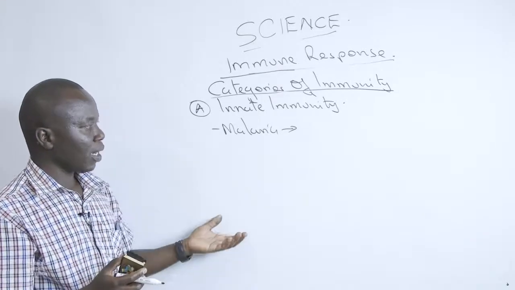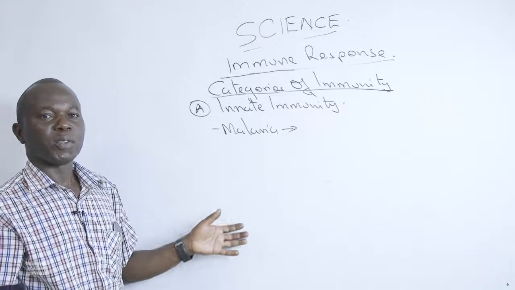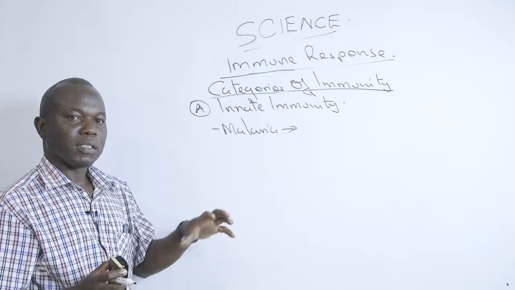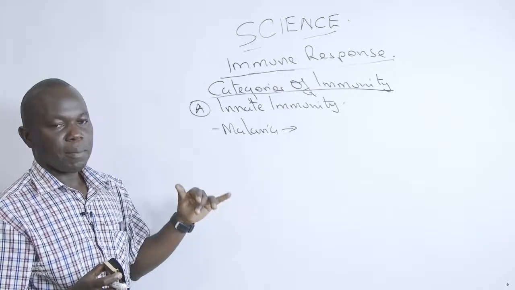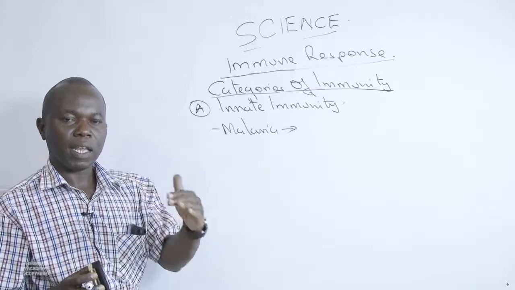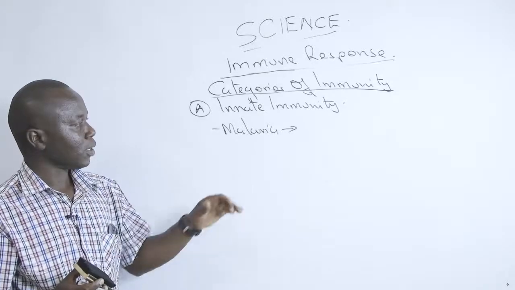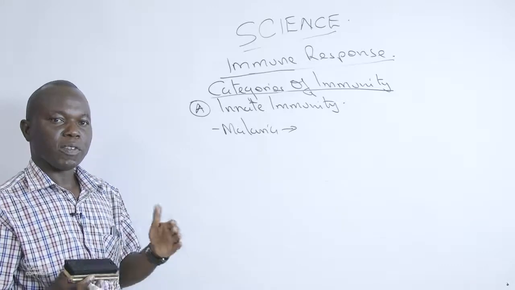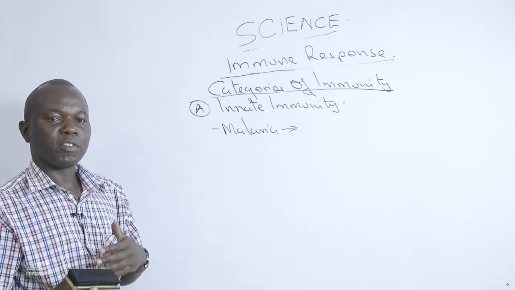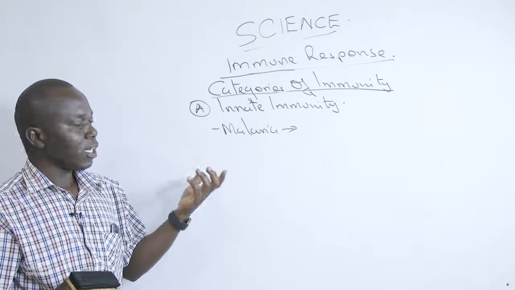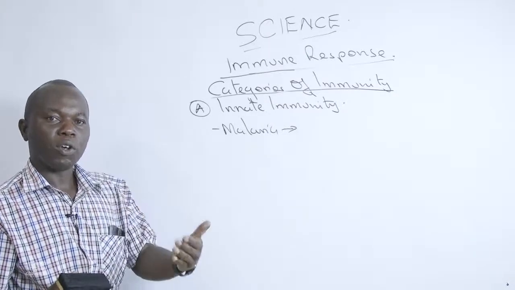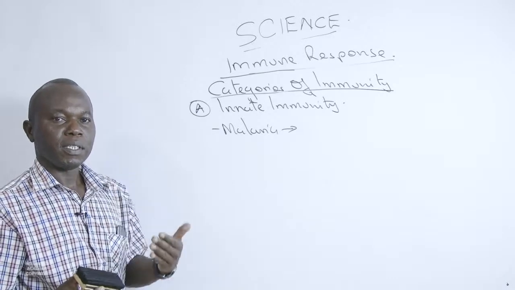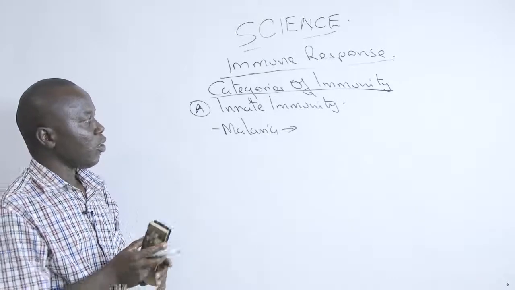If a mosquito carrying the same plasmodium load bites one from the temperate region and another from the tropics, the one from the temperate region will develop symptoms of malaria very fast. The one from the tropics will require a high load of the plasmodium to develop the disease or the symptoms of malaria.